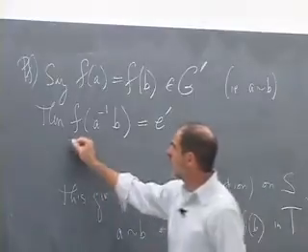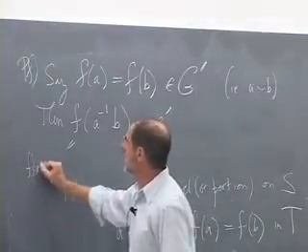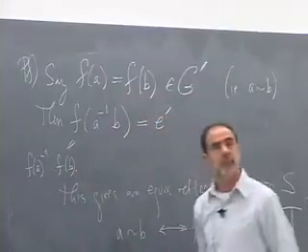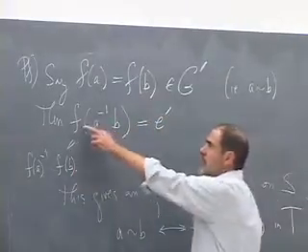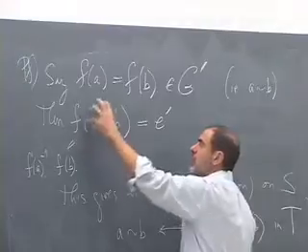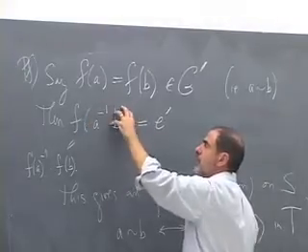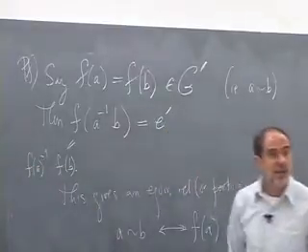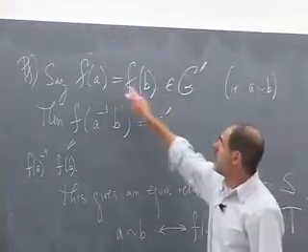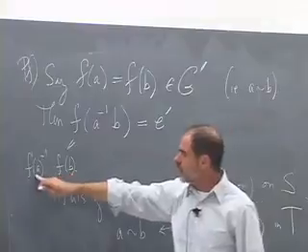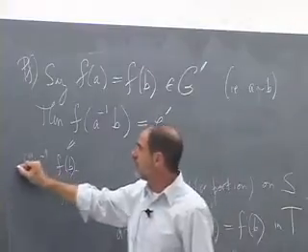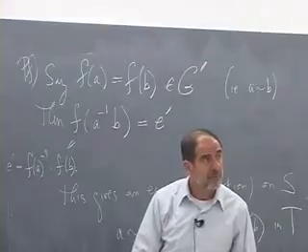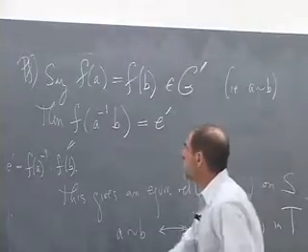Because this expression is the same as f of A inverse times f of B. Remember, when we have a group homomorphism, we can write this as the product of f of A inverse times f of B. But f of A inverse is the inverse of f of A, and f of A was assumed to be equal to f of B. So if I multiply by the inverse of f of A, this is equal to E prime. Okay?